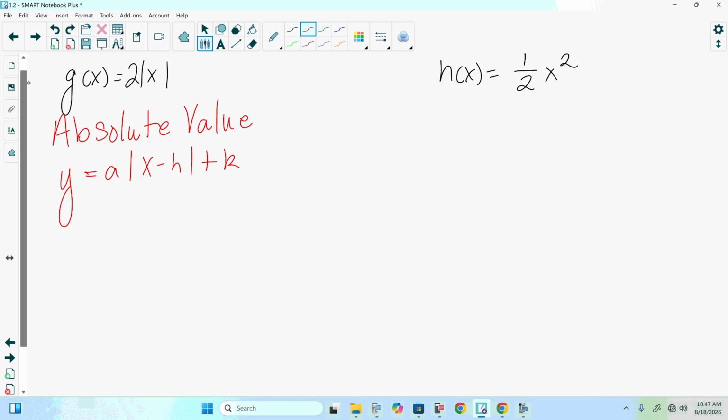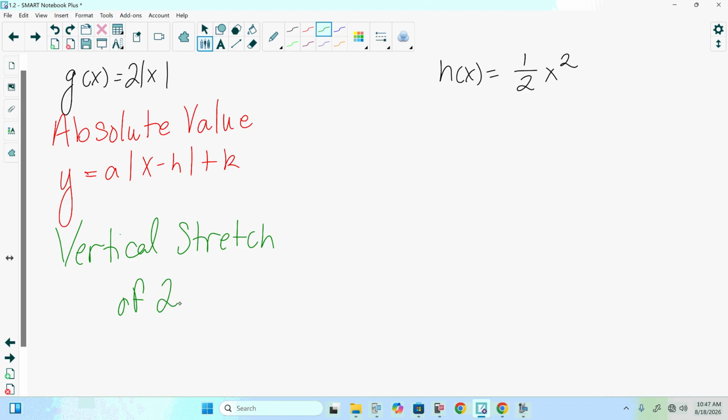But because it is 2, it's telling us that there is going to be a vertical stretch or a vertical shrink. And it would indeed be a vertical stretch because the value of a is greater than 1. So for this one here, we would say it's a vertical stretch of 2.